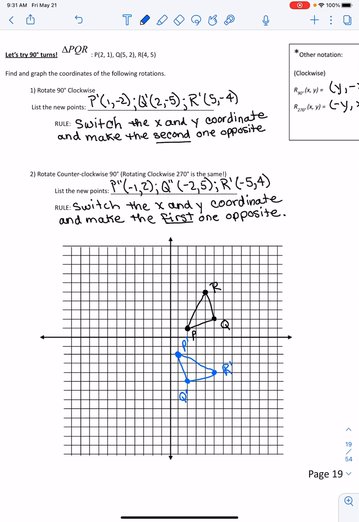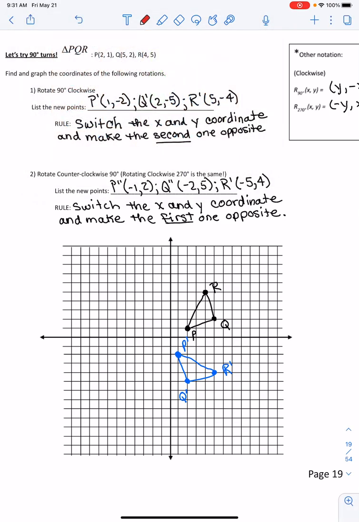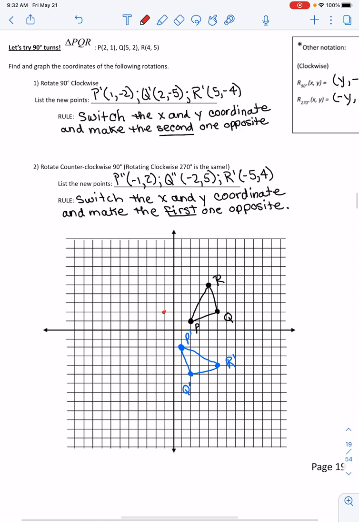All right, and then my last one, let me make that red or orange. But this one, we're going counterclockwise or 270 degrees. So P double prime is negative 1, 2. So that's here.